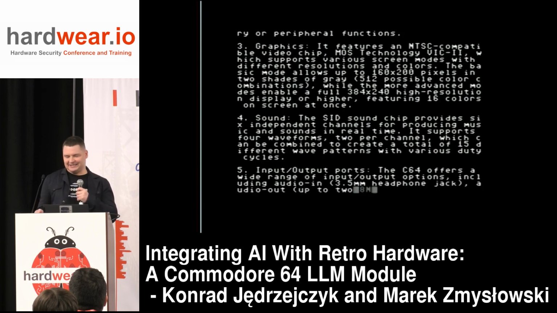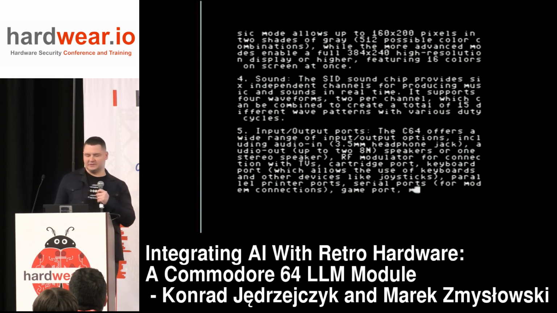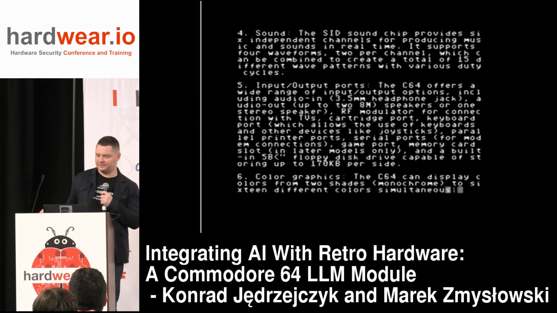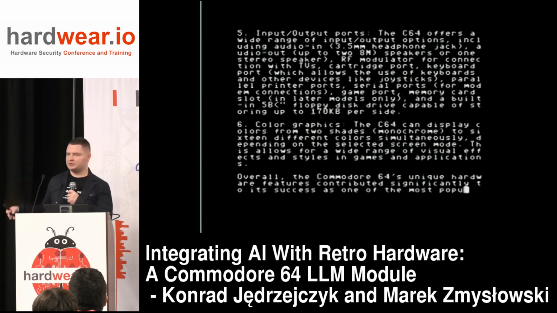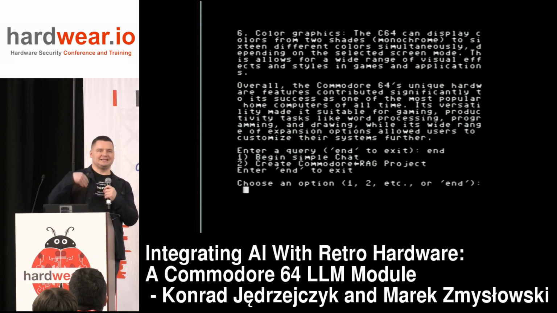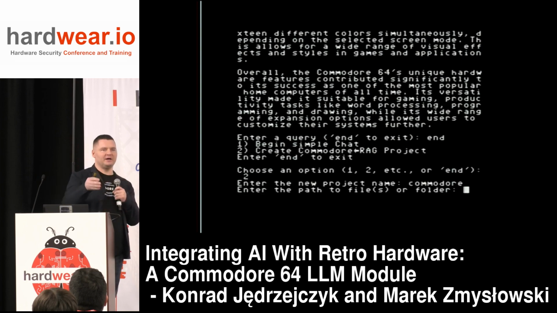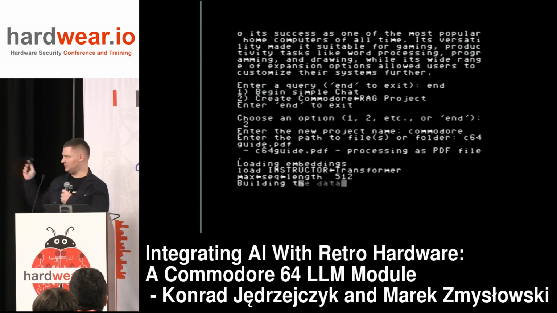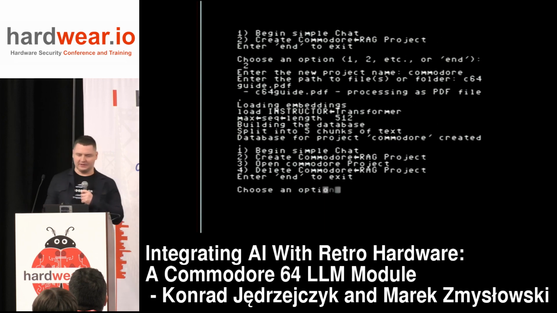We just ask it about the hardware of Commodore 64, and the next task will be to create a project with the document about the Commodore 64. We are asking the same question, and we are comparing the answer. We will be talking about these things in a moment.